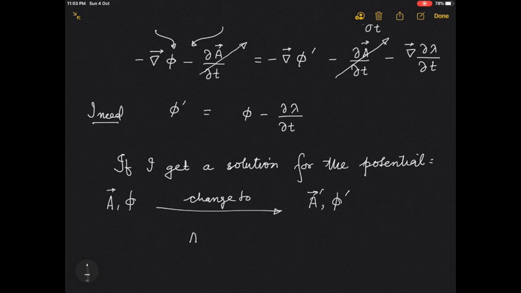And that I can do by maintaining this condition, and phi prime is phi minus del lambda del t.